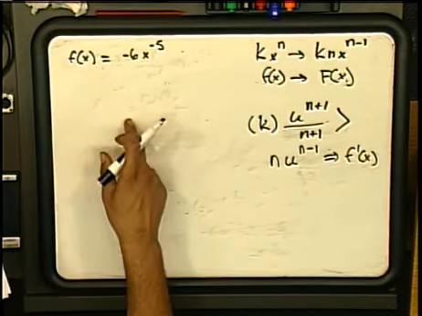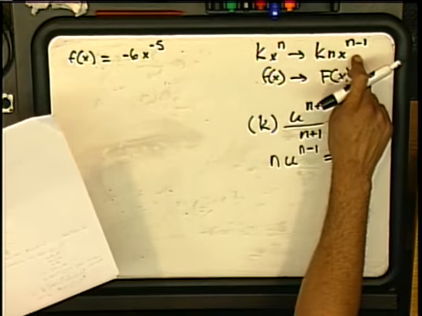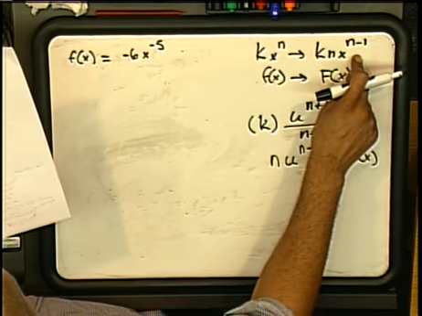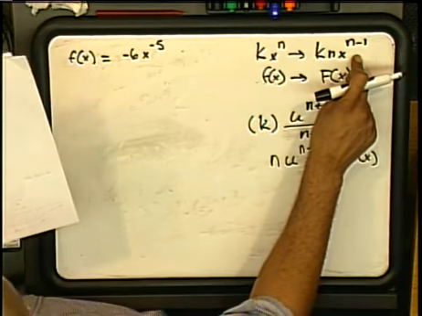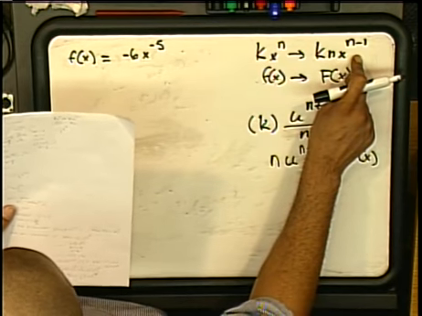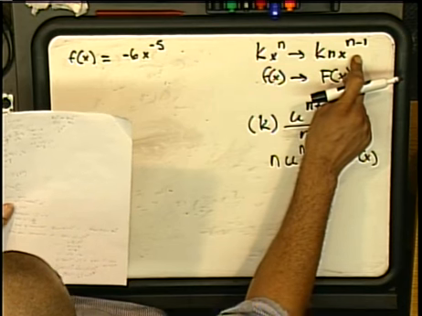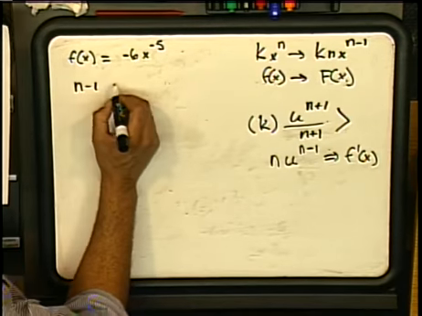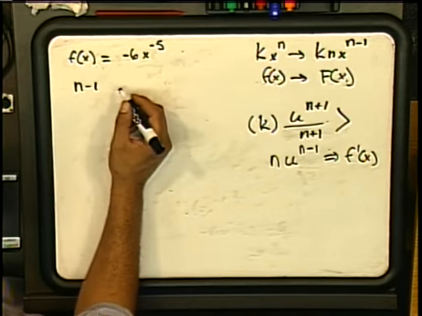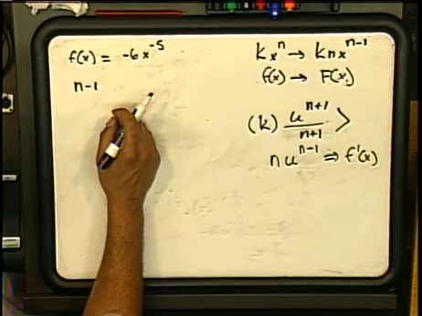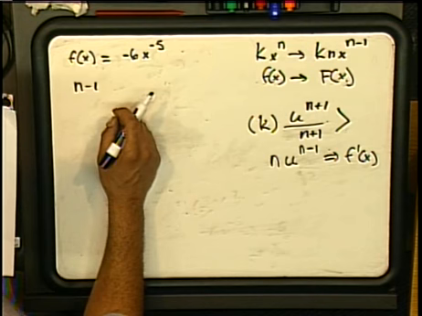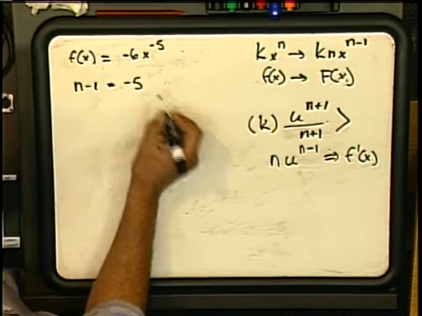So, start with, we wanted to get it in this form. We'll list everything we know. So we're going to start with n minus 1. Our n minus 1 equals negative 5.